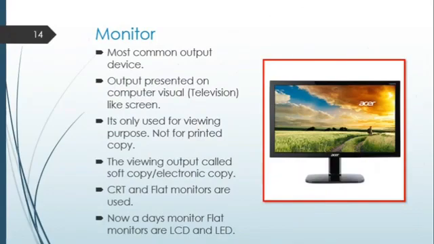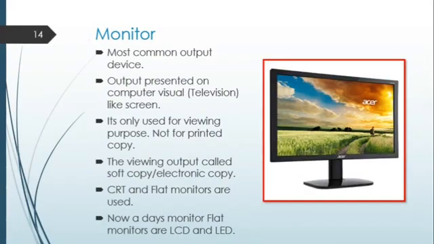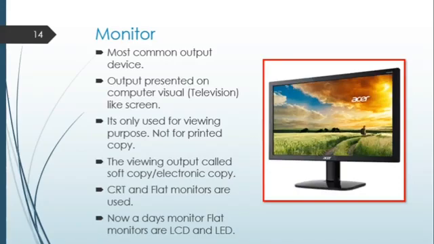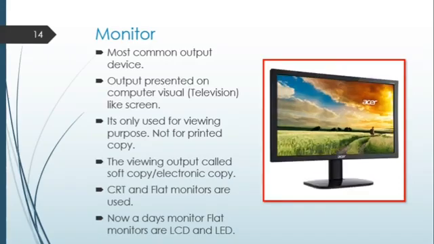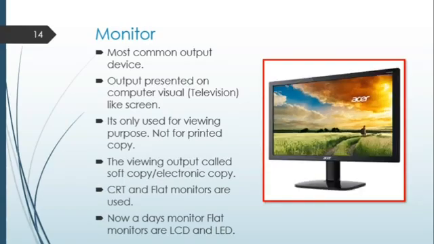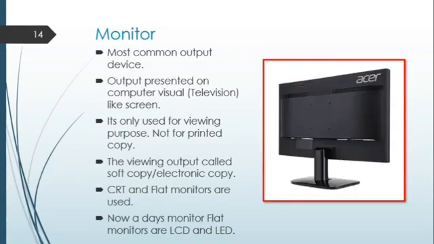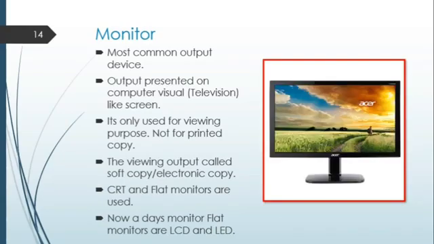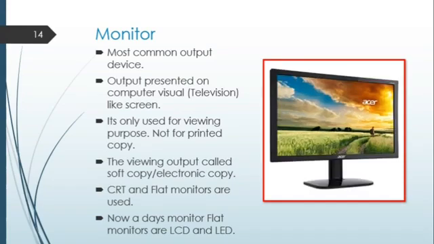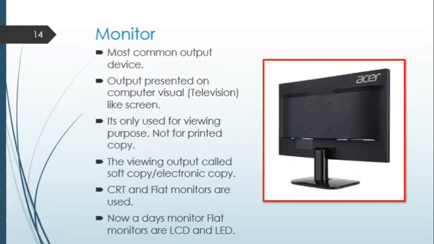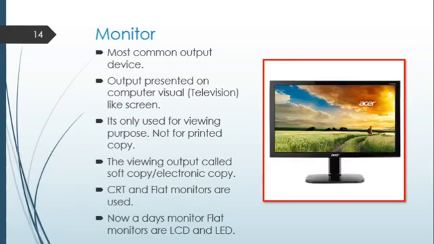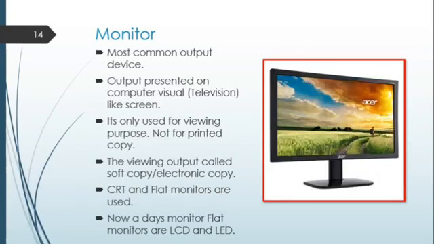Now monitor is the most common output device. Output is presented on the computer visual screen like a television, and it is only used for viewing purposes. You just see the results, not a printed copy. The viewing output is called soft copy or electronic copy.